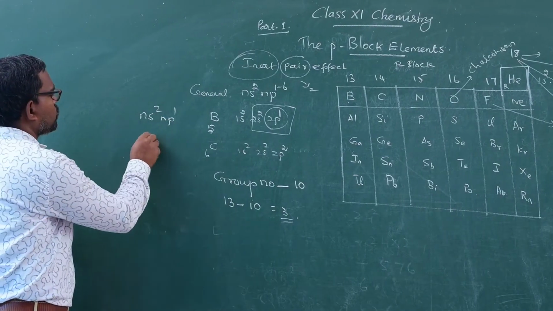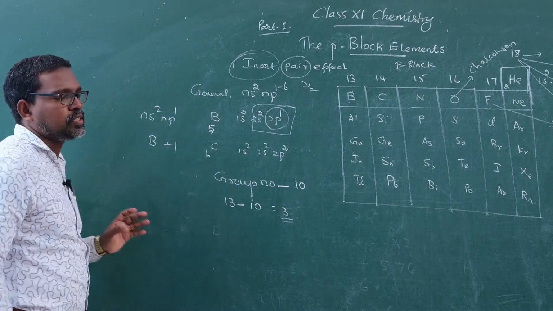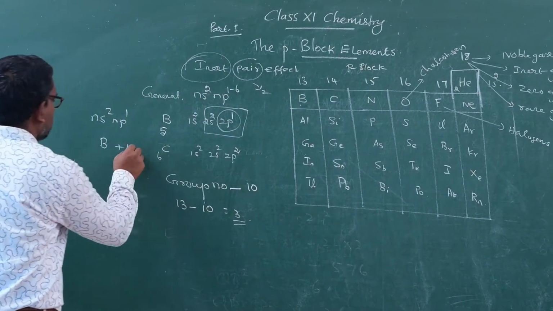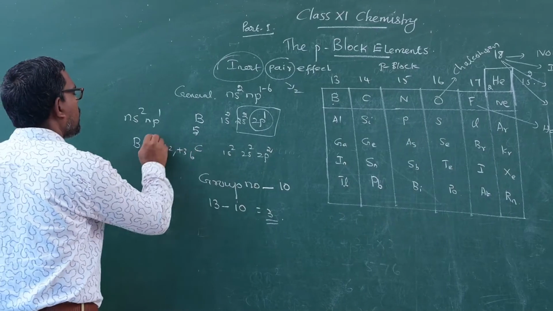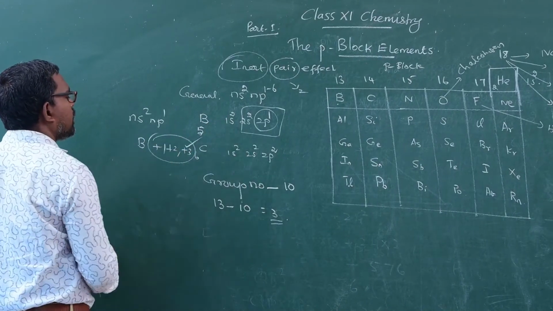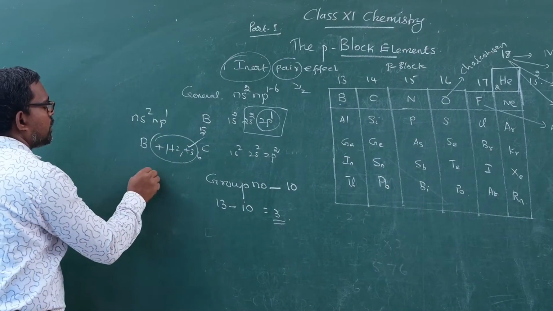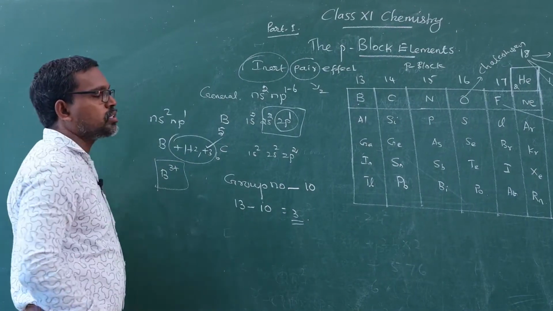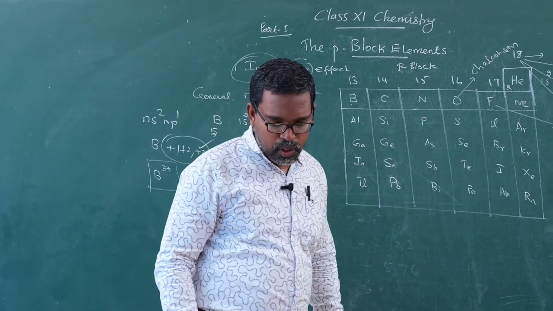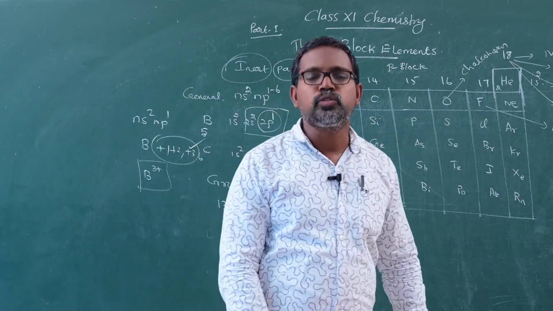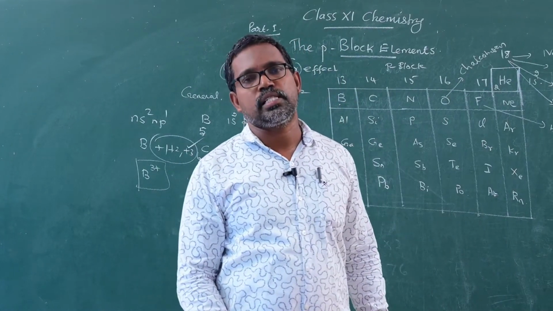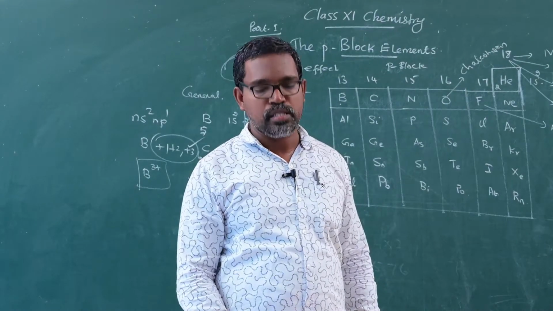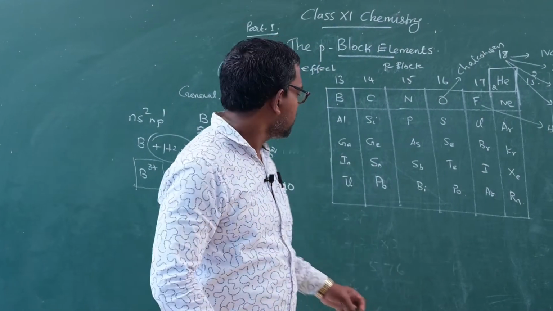Boron shows +1 as well as +2 or +3 oxidation states. Among these, +3 is the stable oxidation state of boron. Aluminum also shows +3. Boron and aluminum have +3 as the stable oxidation state.